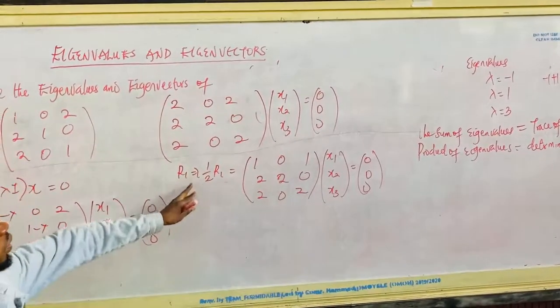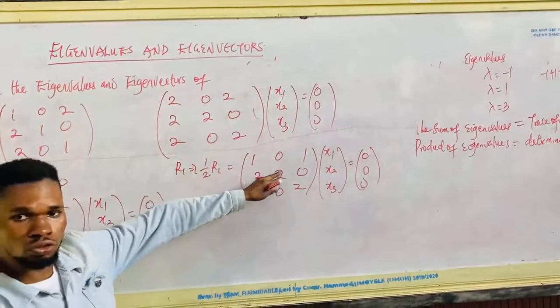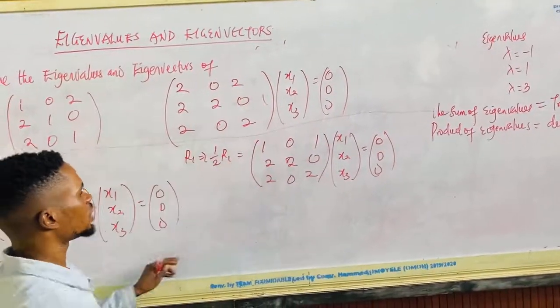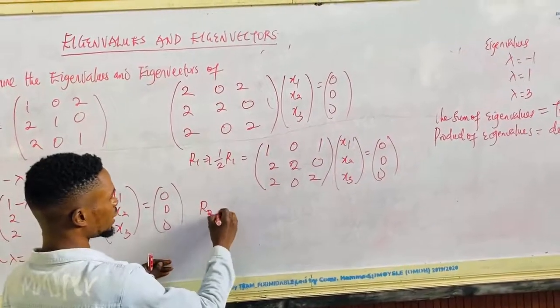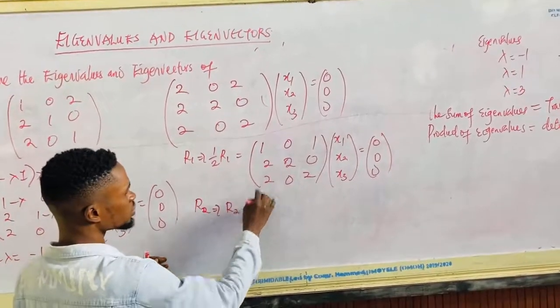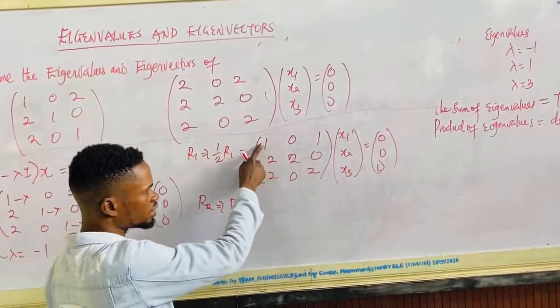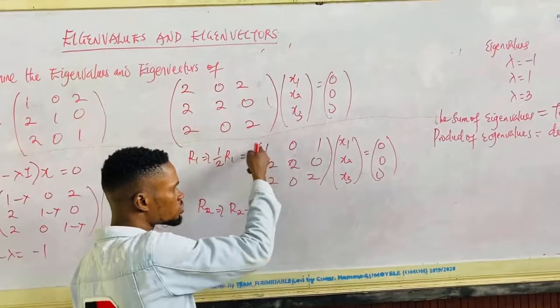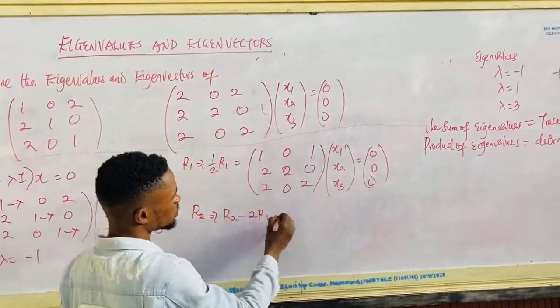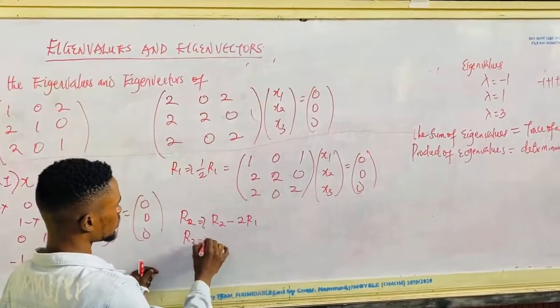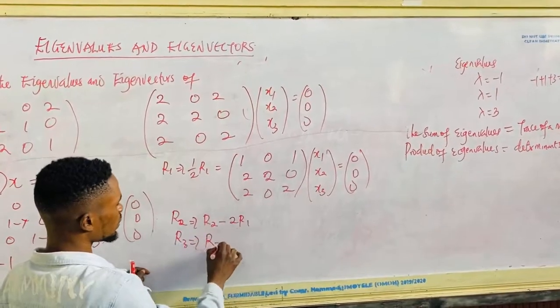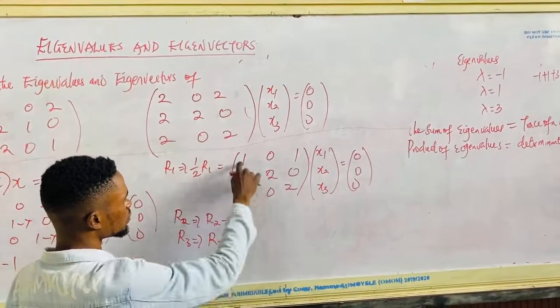Now how do we reduce row 2 to 0 with respect to row 1? Row 2 becomes row 2 minus 2 times row 1. Look at this here, this is 1. That means 2 minus 2 times 1 gives 0. What about row 3? Row 3 minus 2 times row 1.